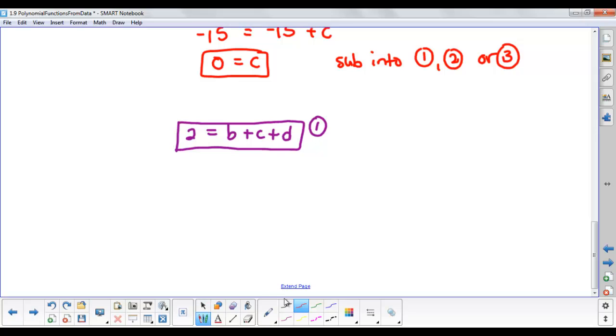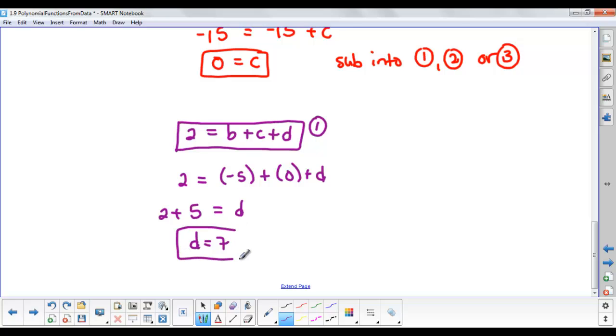So 2 equals, remember b equals negative 5, c equals 0, and we're just solving for d now. If I bring these values over, so 2 plus 5, I guess plus 0, we figure out that d is equal to 7.